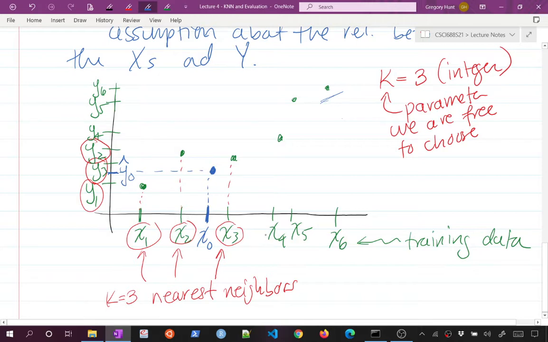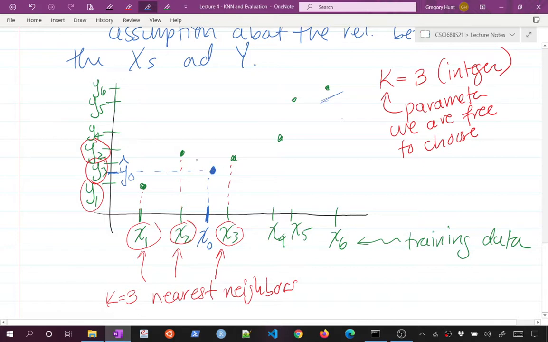So if we pick things that are similar to x naught, we're basically assuming that the y naught hat is going to be similar to the corresponding y's of the things that are close to x naught. So this is basically some kind of local assumption about the functional relationship, that locally things are similar.